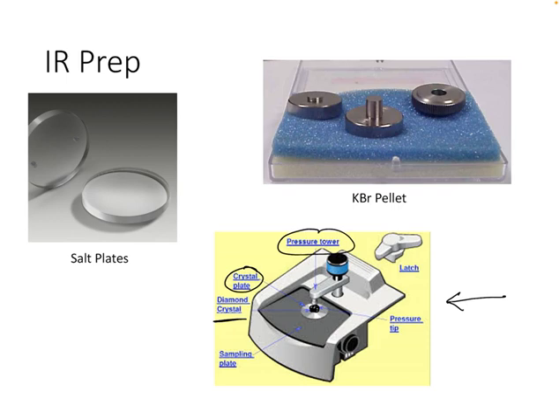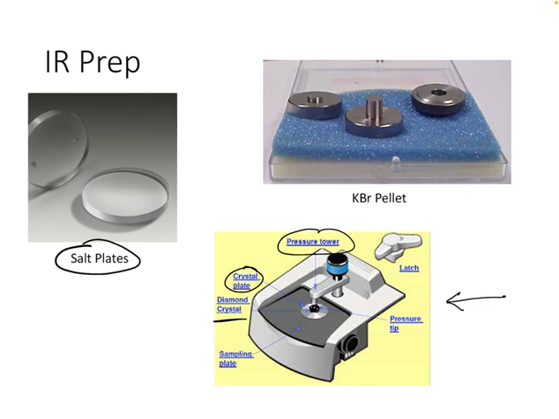If you have a liquid, you would place the liquid on that same crystal, but instead of using the pressure tower, you would just put a little slide over the liquid so that it spreads out evenly on the crystal. Now you can also use salt plates, depending on the instrument that you have.